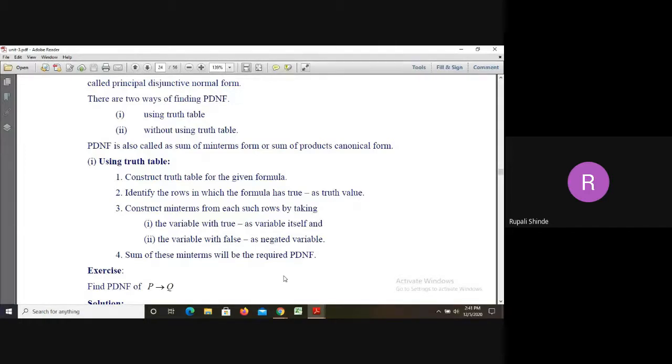Yes. Now for that F, what is the PCNF form?